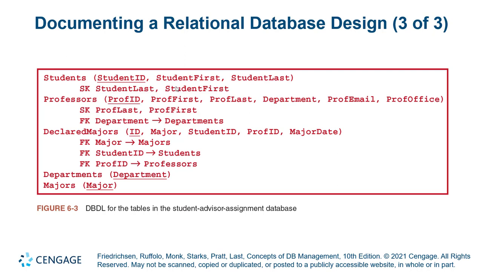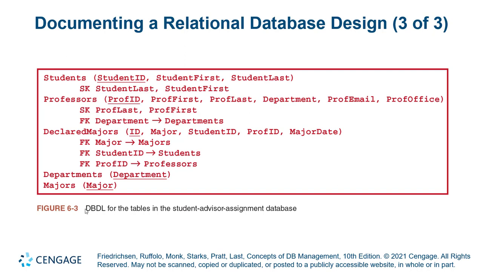So SK for secondary key, and then under professors we see FK department, which indicates it is a foreign key. Then we have this arrow character pointing to the primary key, the table, the entity that it resides in, essentially, as the primary key.